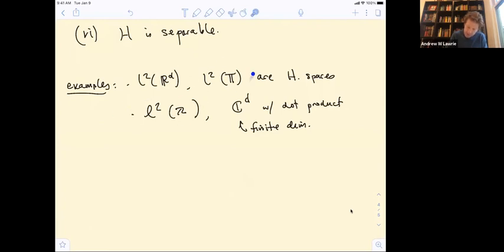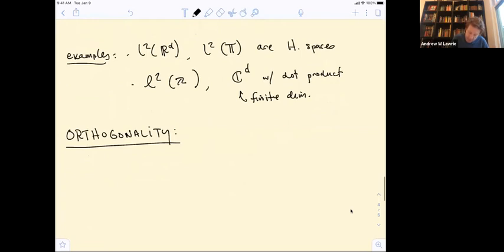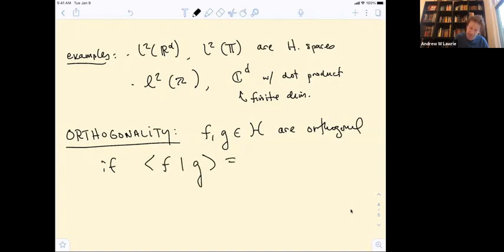Already when studying little l2 and L2 of the torus, we saw the concept of orthogonality. Namely, if f and g are in a Hilbert space H, we say they are orthogonal if the inner product between f and g is equal to 0.